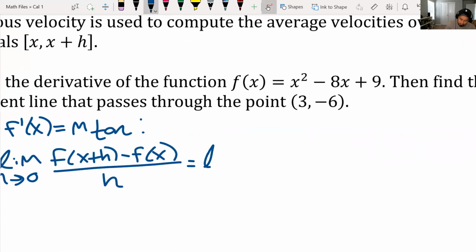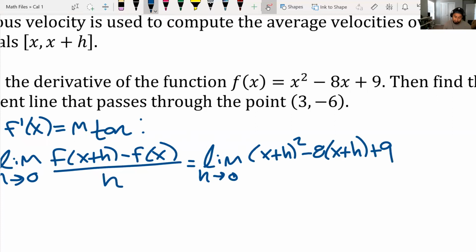I get the limit as h approaches 0 of x plus h squared minus 8 times x plus h plus 9.